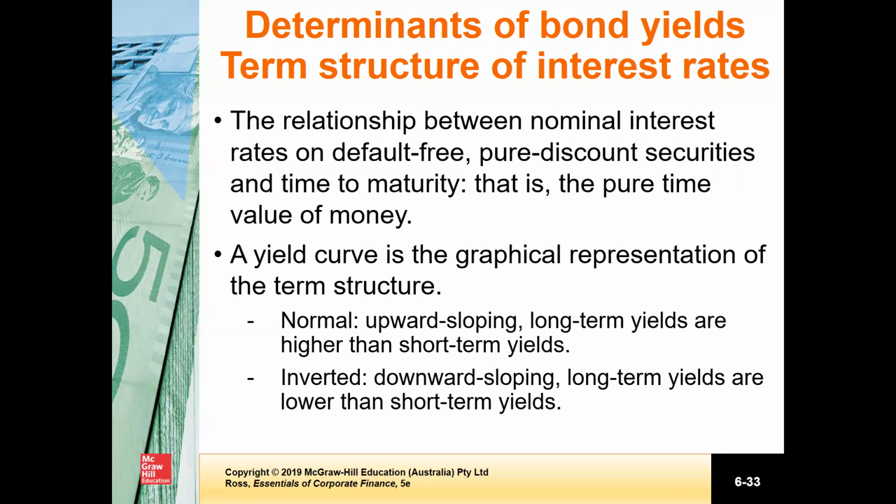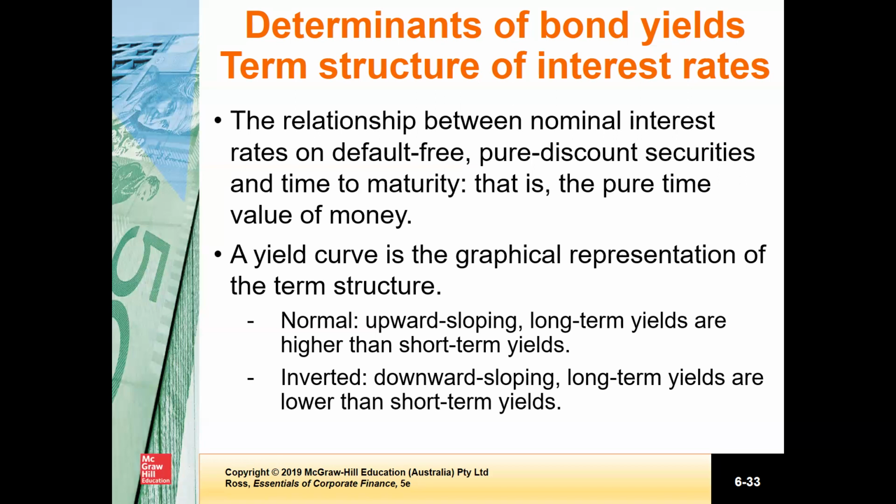These rates are pure interest rates because they involve no risk of default and a single lump sum future payment. In other words, the term structure tells us the pure time value of money for different lengths of time.